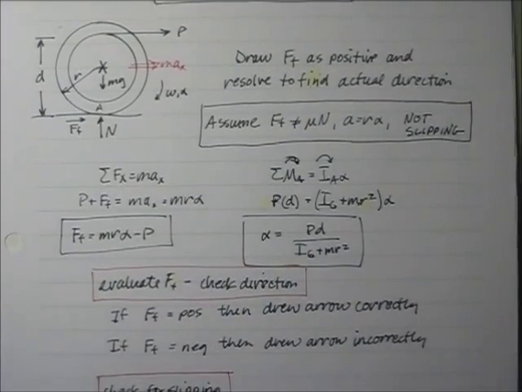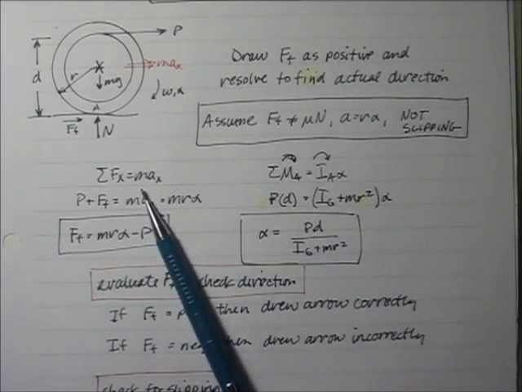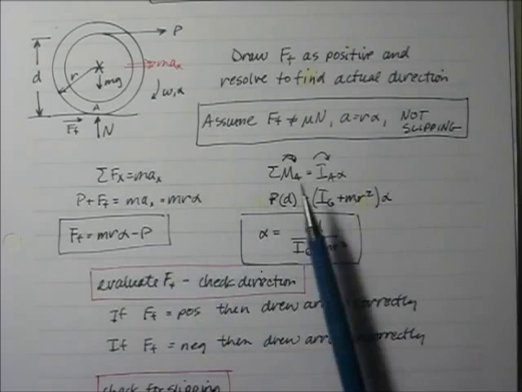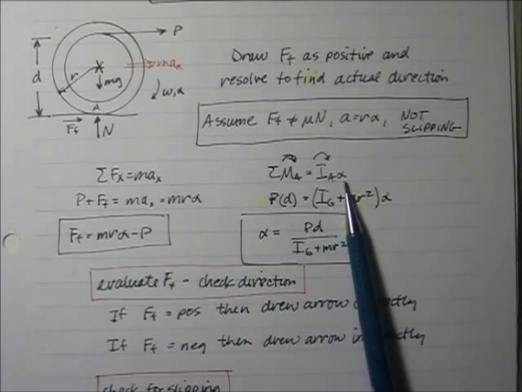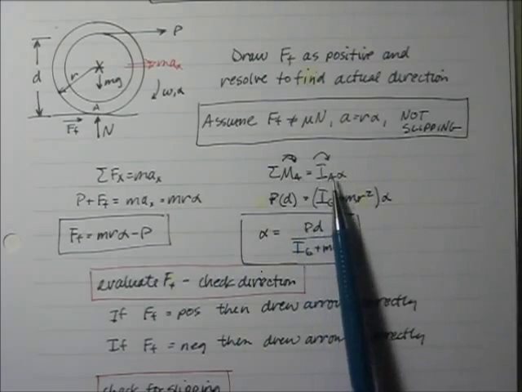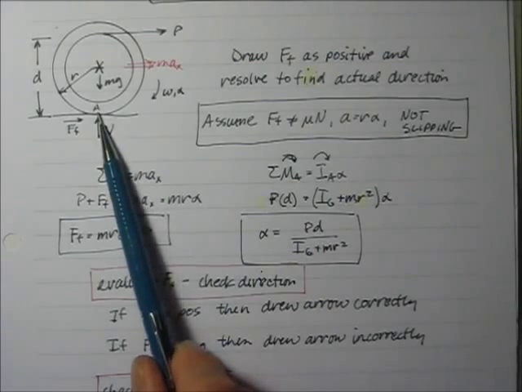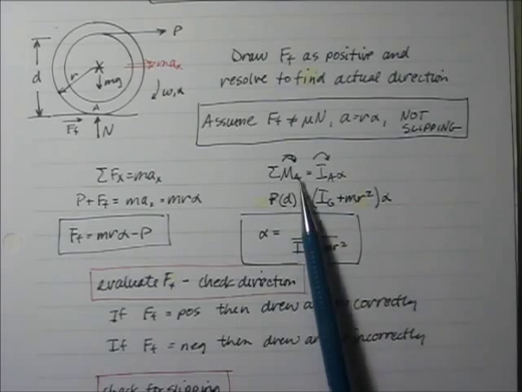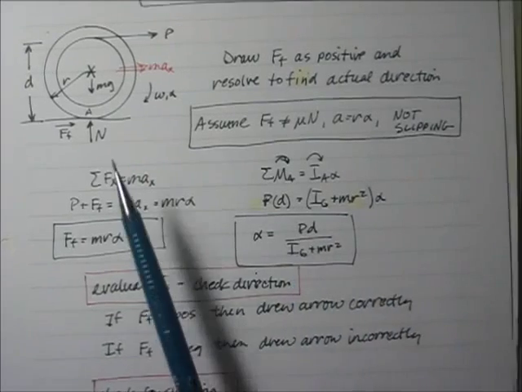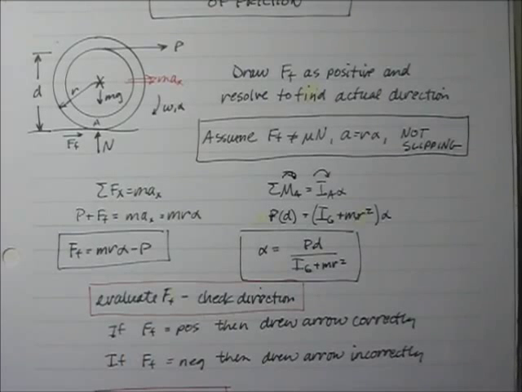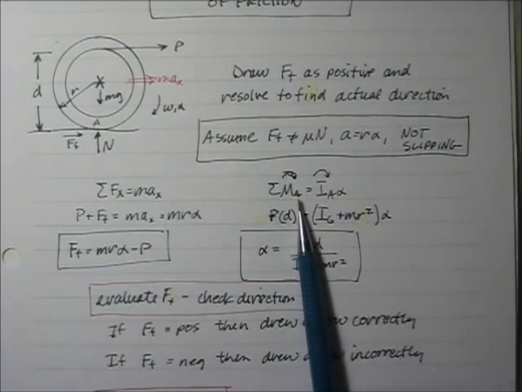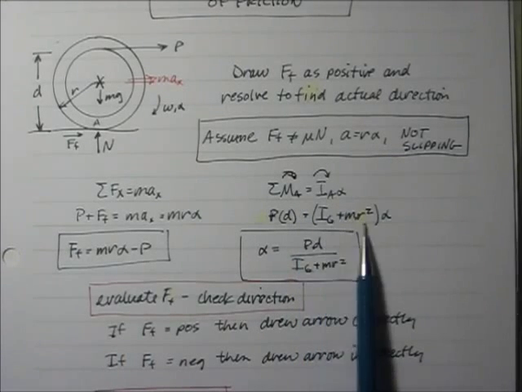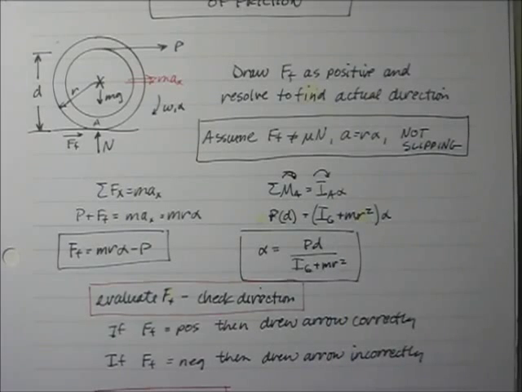You can follow my equations here. I do my two equations: the sum of the forces in the x is mass times acceleration in the x, and the sum of the moments about A is equal to I_A alpha. I can use A down here as my point of reference easily. I could have done the sum of the moments about G as well, but here I can solve the sum of the moments about A as I_A alpha and use the parallel axis theorem.